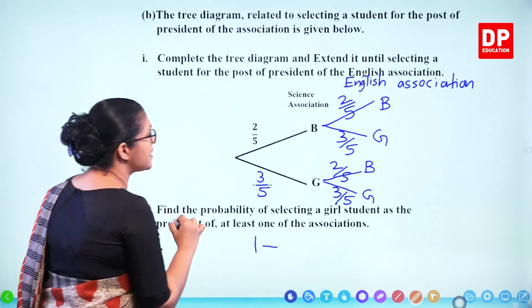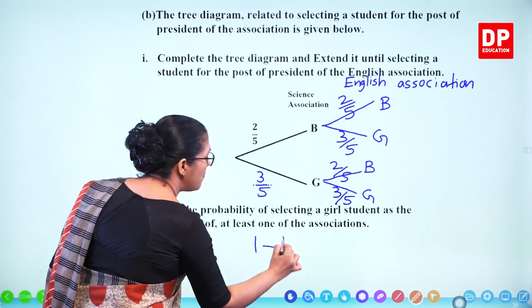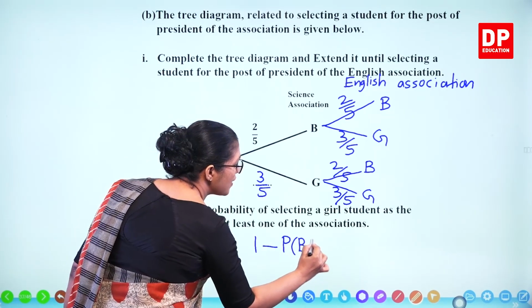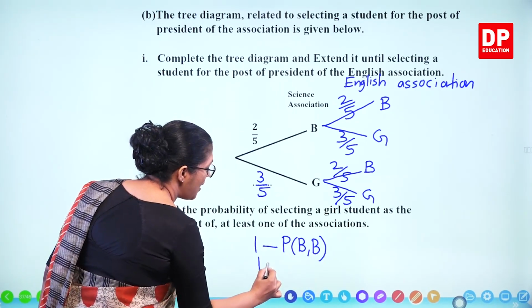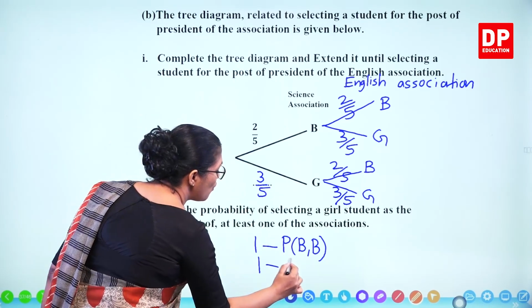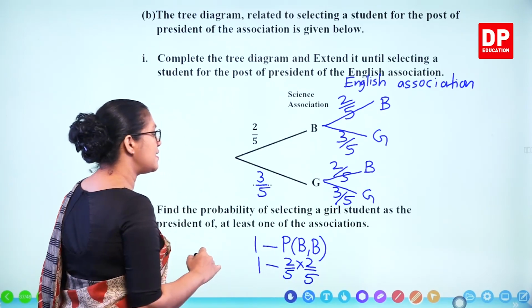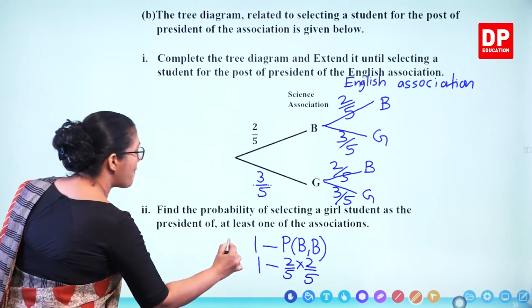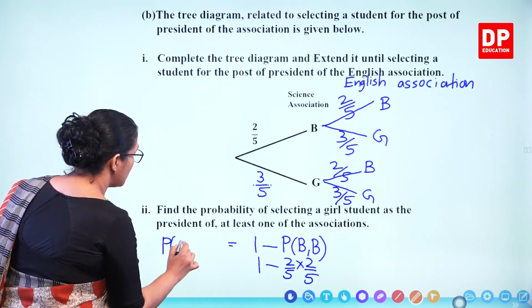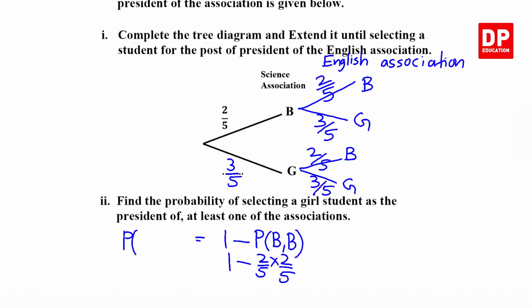1 minus the probability of both boys. So 1 minus 2/5 times 2/5. That's the easiest way to find the probability of at least one girl.